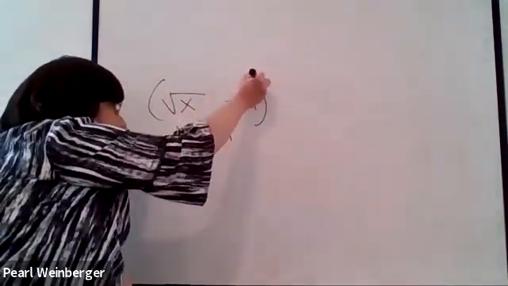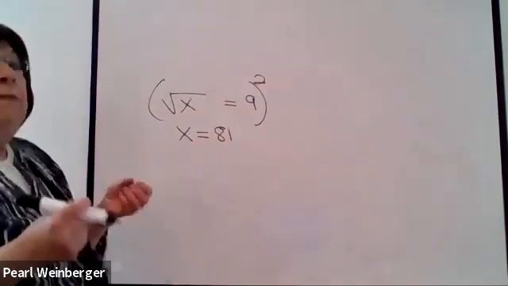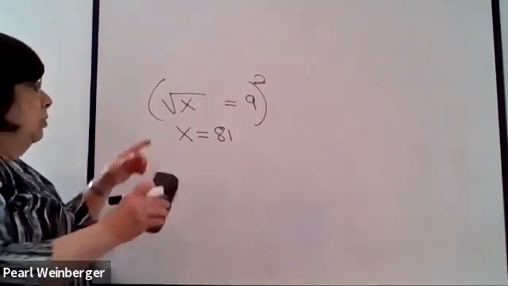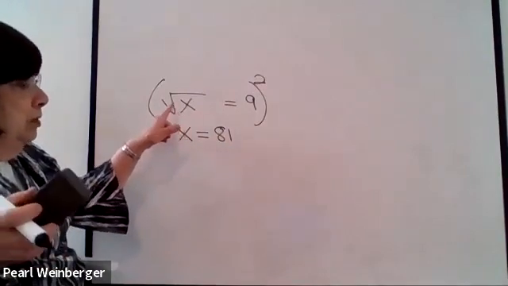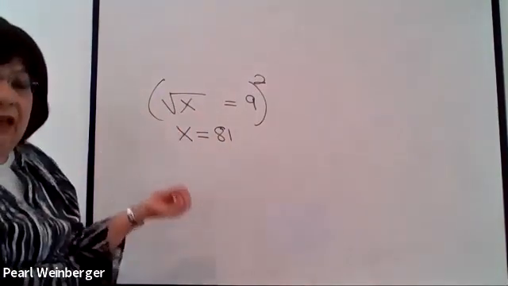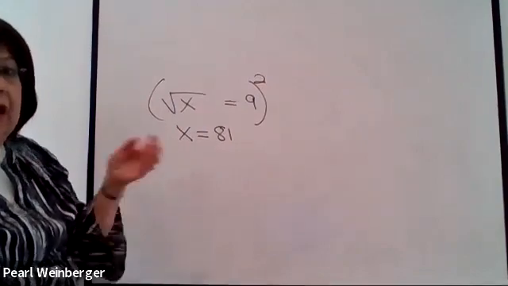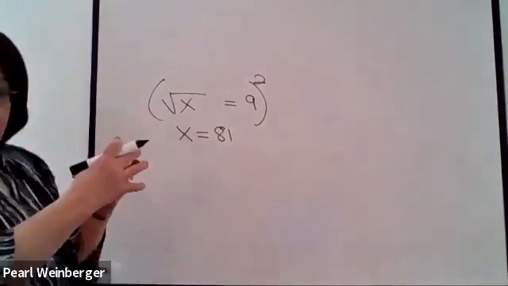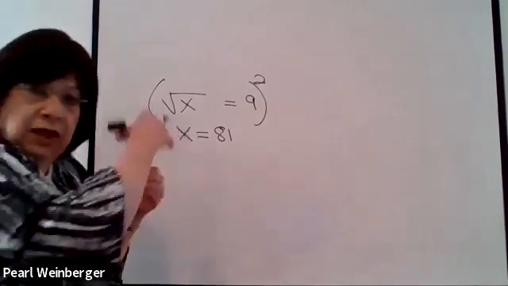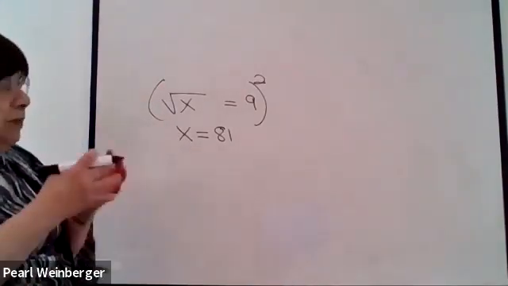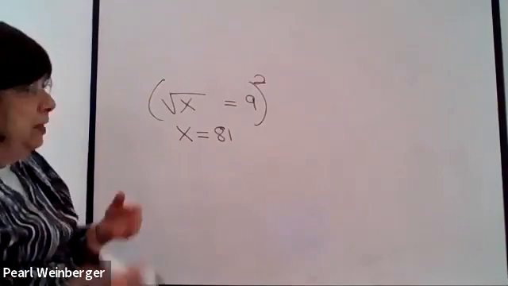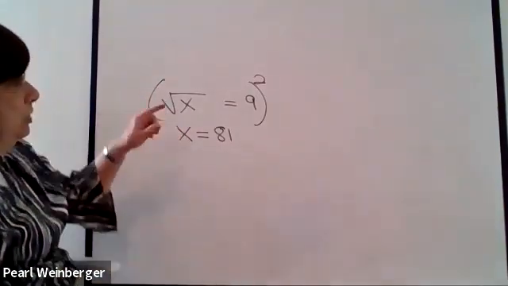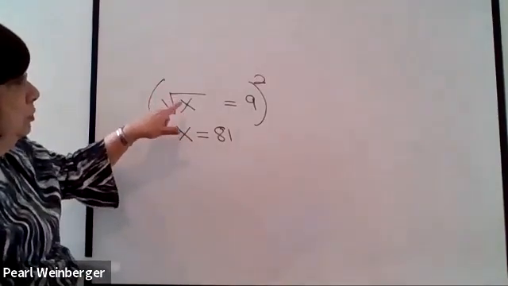So if I think about it, what method did we actually use? Well, I squared. And that makes sense. I squared both sides. When I'm trying to solve an equation, I always do the opposite operation. If I have something added, then to get rid of the addition, I subtract it. If I had something multiplied, I divide by it. So if I have the square root, I want to do the opposite operation and square.